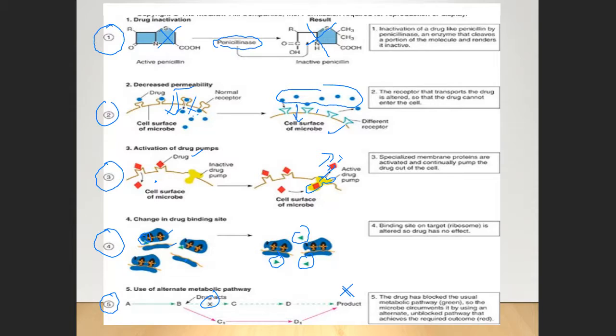Instead of from B into C, they change it into B into C1. And when they change the metabolic pathway from B to C1, these drugs will not be effective against this new metabolic pathway. So basically, then the bacteria will be safe. They will be able to produce their main products.